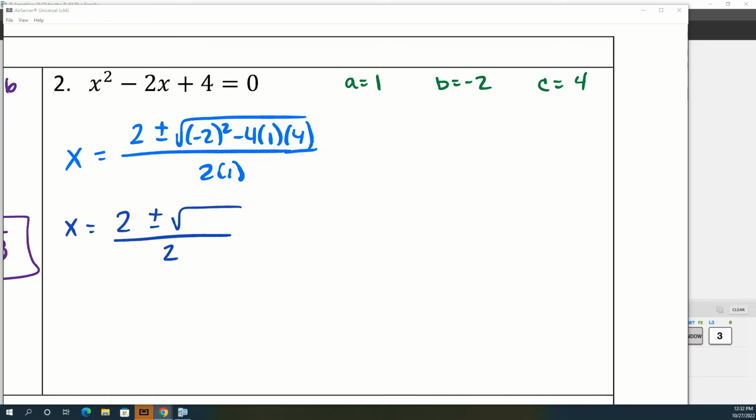Okay, so when you guys are doing these on your own, you would, in your calculator, type in negative 2 inside parentheses, squared outside, minus 4 times 1 times 4, and you would get negative 12.